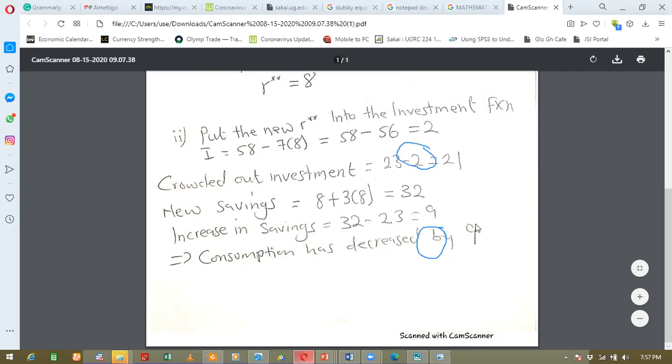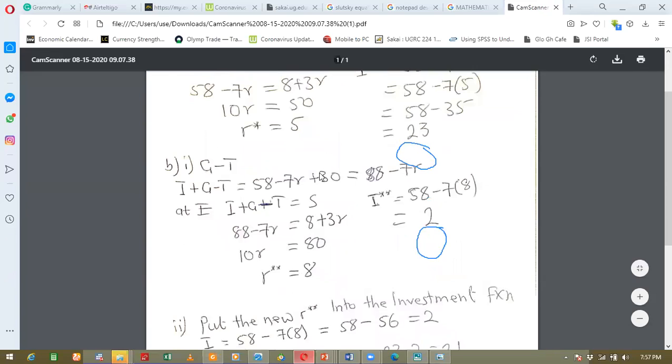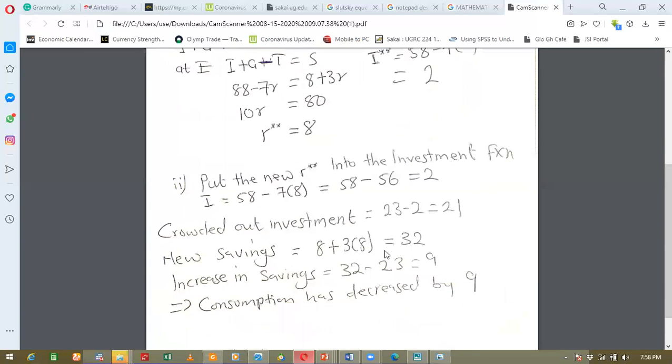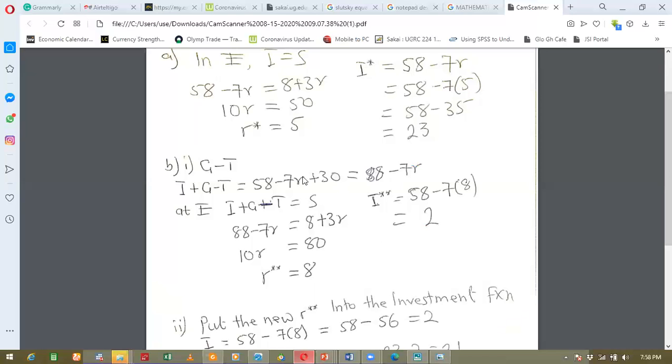So if savings is increasing by 9, it means that consumption has decreased by 9. So if we add this decrease of 9 units to this decrease of 21 units, we are getting a decrease of 30 units, which is taking away all the initial increase in the government spending. So this means there's 100% crowding out.